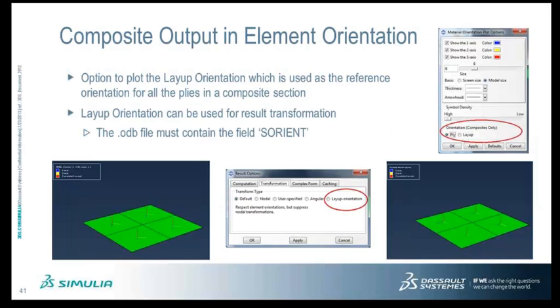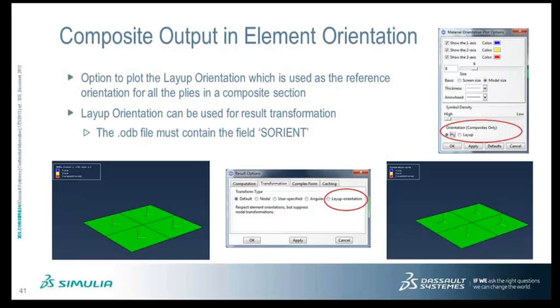In the area of composites, we've enhanced the material orientation plotting by adding the options for ply as well as layup. Recall in 6.12, in the viewer, we only displayed element orientations based on selected ply, and there was no option available to show the layup orientations for a particular model.